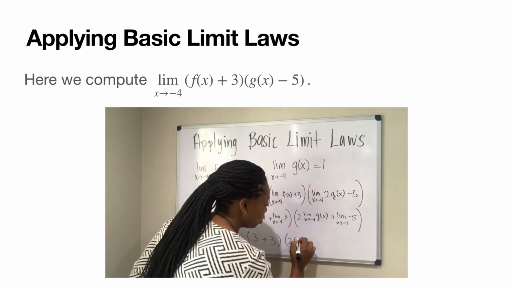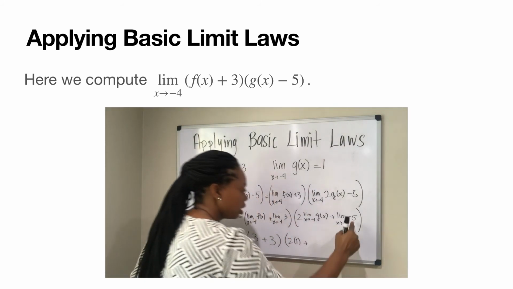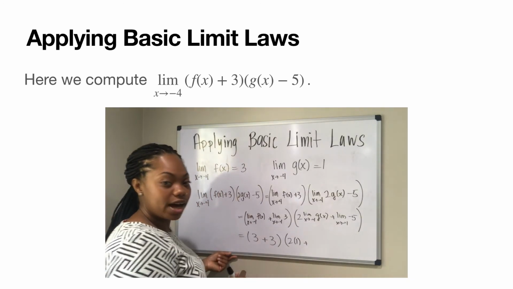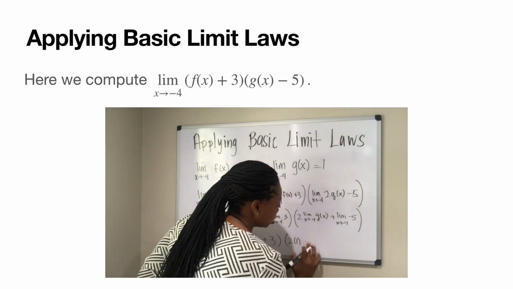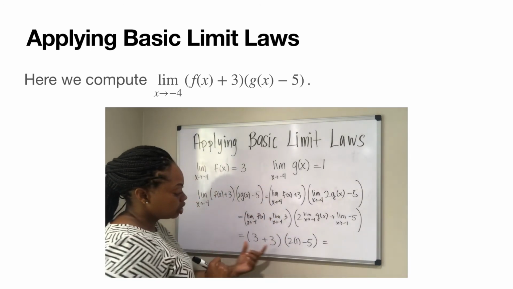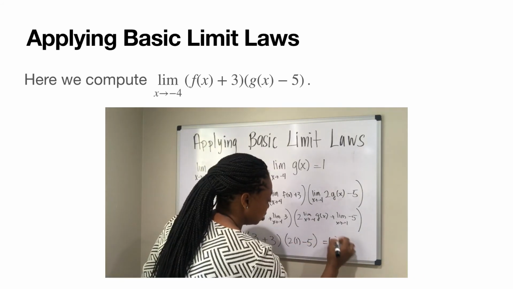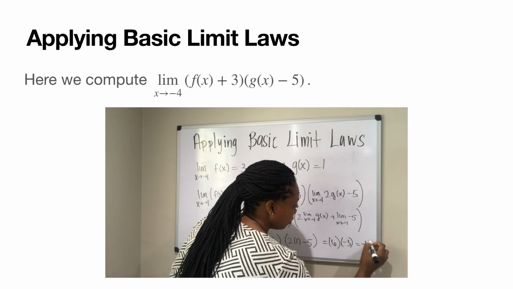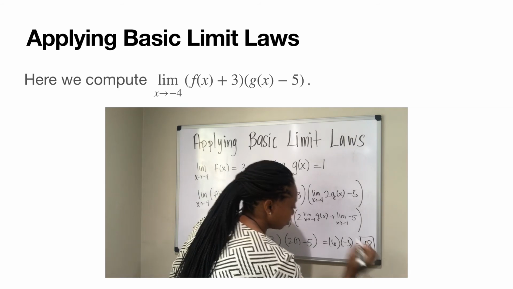So 2 times 1 plus, and the limit as x approaches -4 of the constant function -5 is -5. So that's actually going to be minus 5. This gives us the final answer of 6 times -3. So we get -18 as our final.